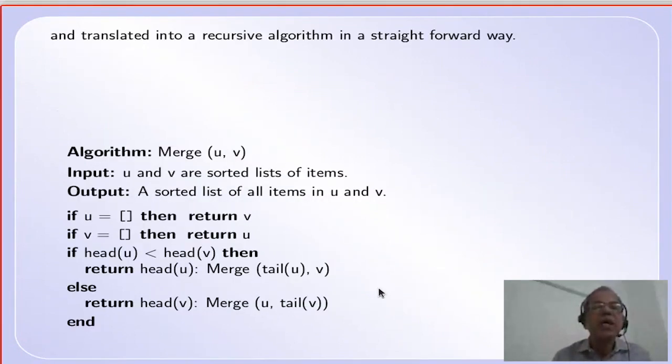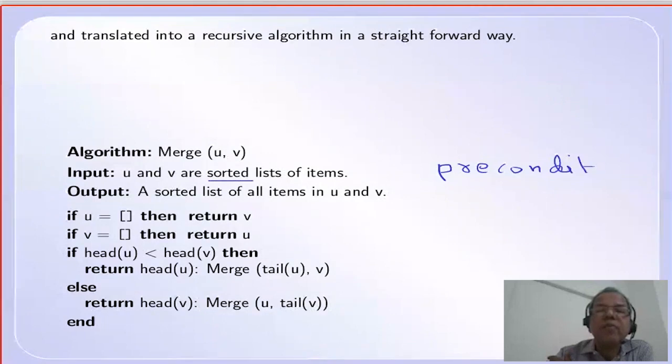We can express the algorithm in this way. Algorithm merge U comma V. Input: U and V are sorted lists of items. This is important. That's a precondition. If U or V is not sorted, the output will not satisfy the input-output relation.